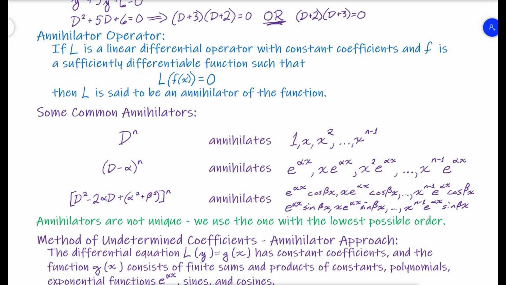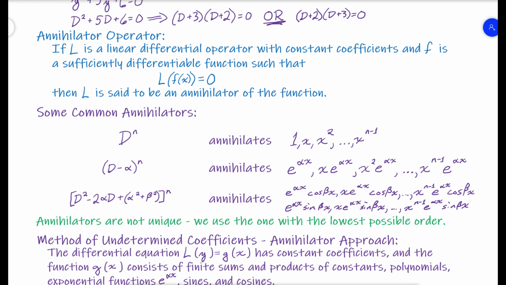I can replace the cosines with sines. They're interchangeable there for it being able to annihilate. And again, as long as the exponent on x is smaller than the exponent on the annihilator, this will work. So we have those three common annihilators that we can use as we talk about the method of undetermined coefficients.